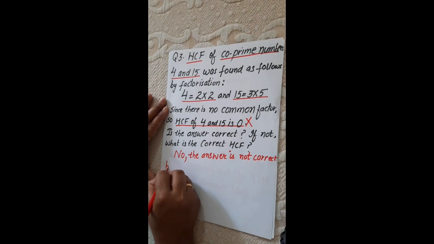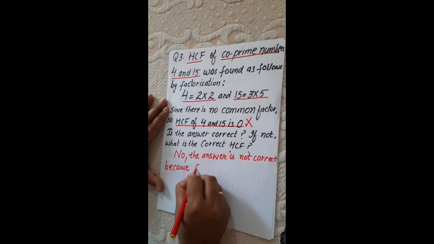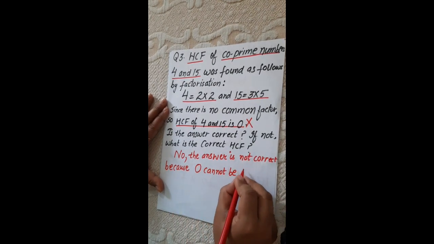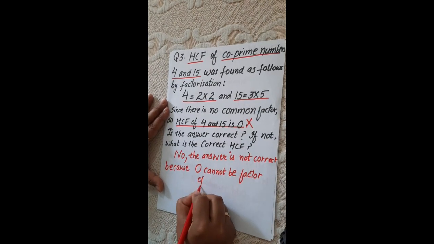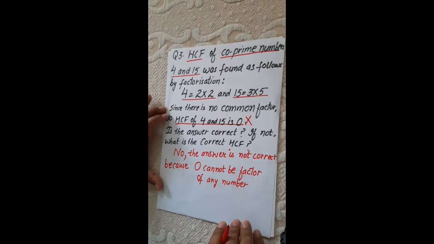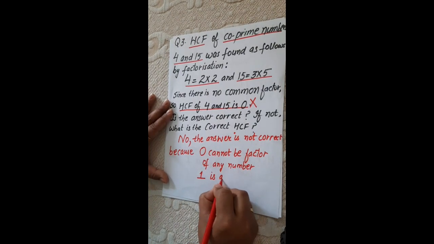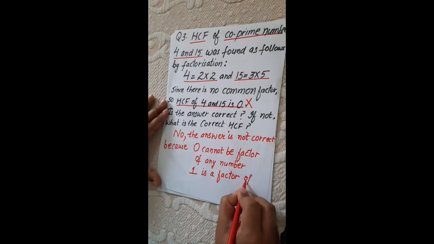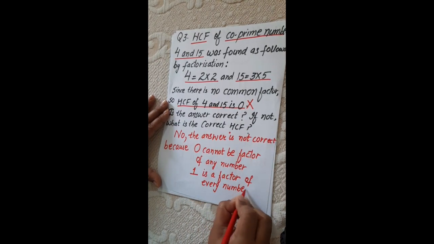So I will write the reason for this, why it is not a correct statement, because 0 cannot be a factor of any number. 0 cannot be a factor of any number, and 1 is a factor of every number.